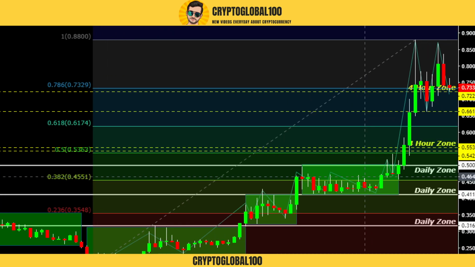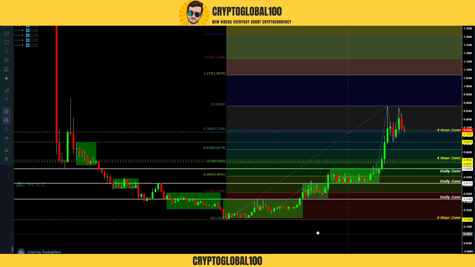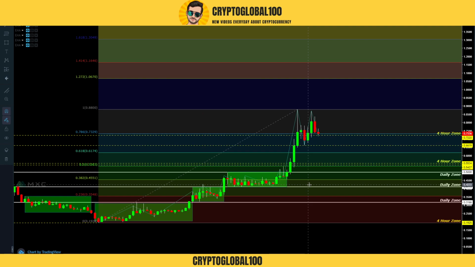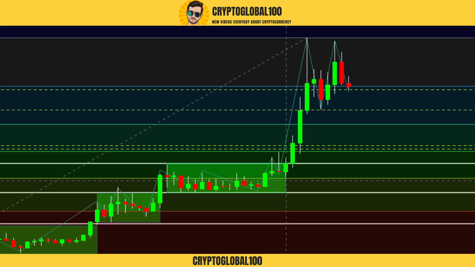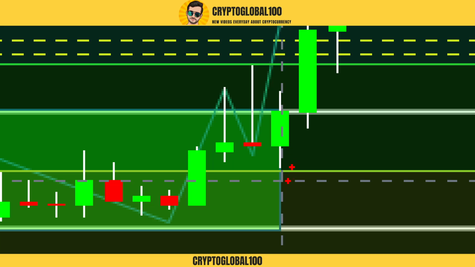Let me move up on the chart. Here you see when the price tested this level, it was first rejected. The price came back, and just observe here, this was previously a spot. When the spot was broken, and this was the Fibonacci level, when these candles wicked above, this Fibonacci level became the support zone.